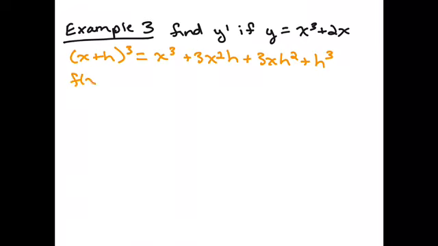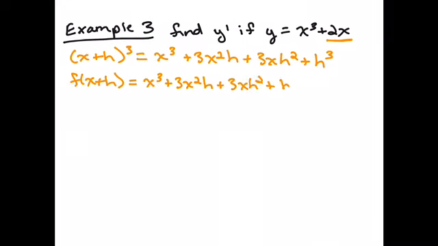And then my f of x plus h is all of that, plus we still have to plug it into the 2x, right? So it's x cubed plus 3x squared h plus 3x h squared plus h cubed plus 2 times x plus h. And we'll distribute that 2.